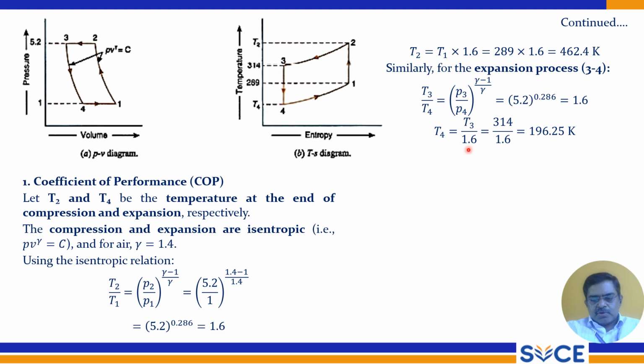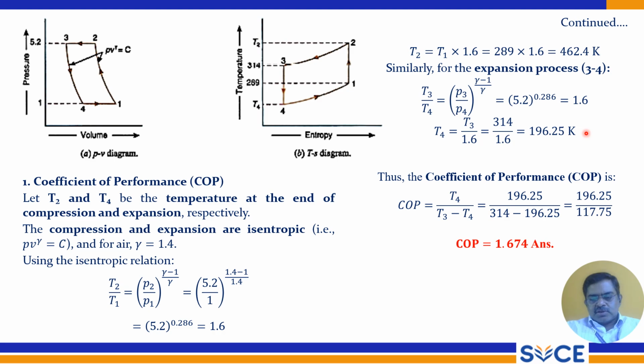So T3 divided by 1.6 equal to 314 divided by 1.6, so that is 196.25 degree Kelvin. So this is the T4, and T2 also we have computed.